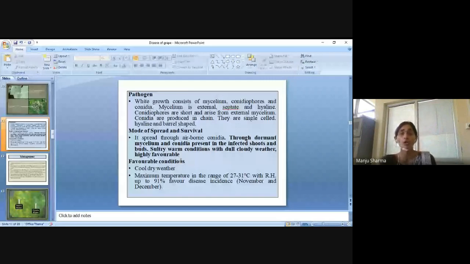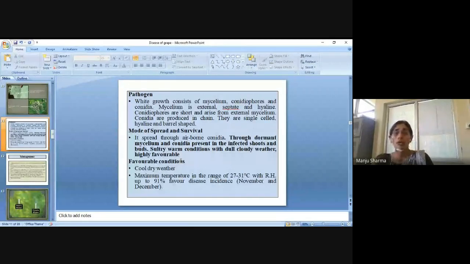Conidiophores are short and arise from external mycelium. Conidia are produced in chains, so they are single celled, hyaline and barrel shaped. So mode of spread and survival, it spreads through the airborne conidia.